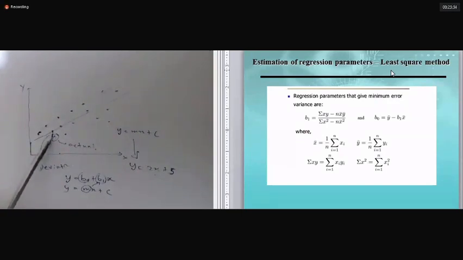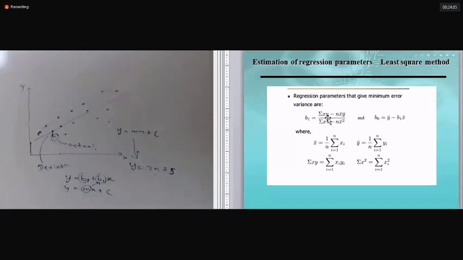If you search on the internet for the least square method, you will see that we want to minimize the square of these errors. We take the square for a reason that we will discuss if we have enough time. For the time being, note down these two, b1 and b naught.